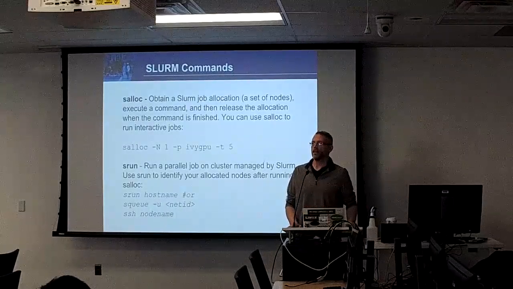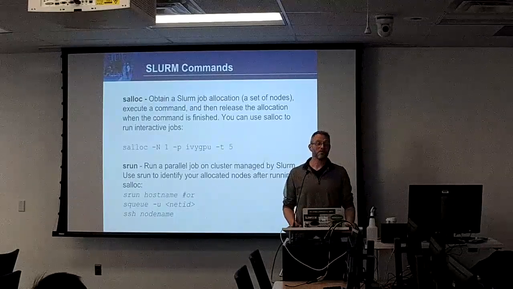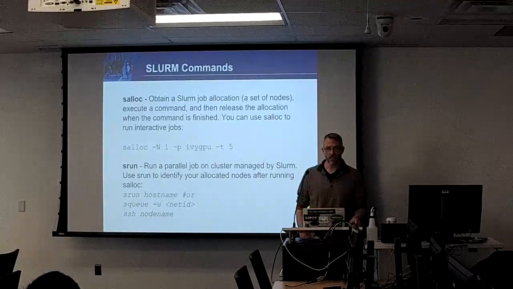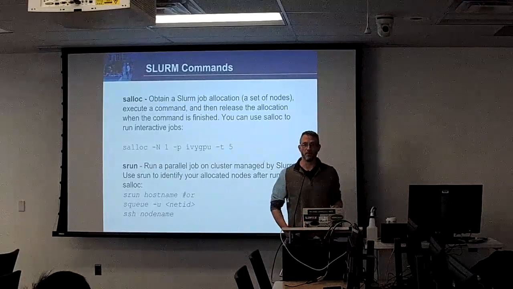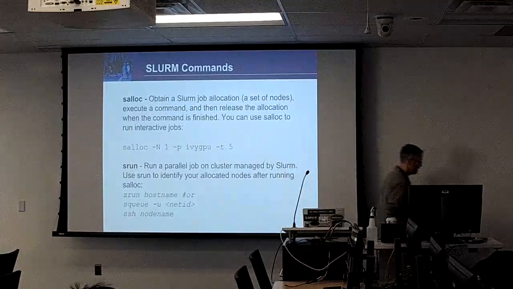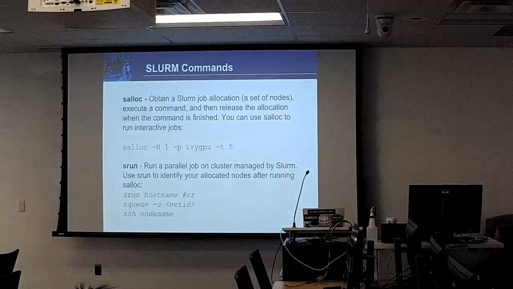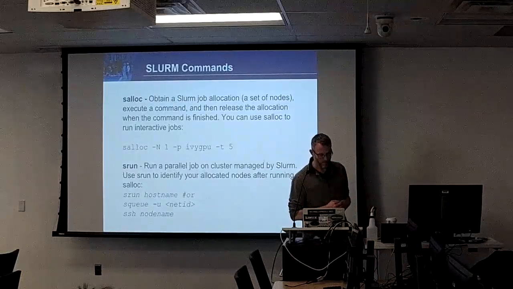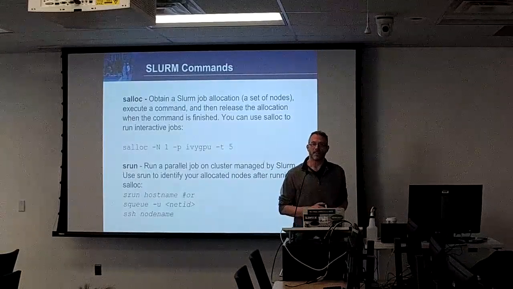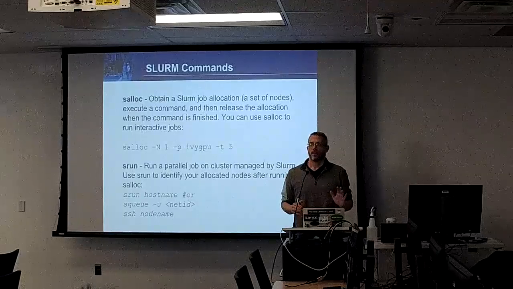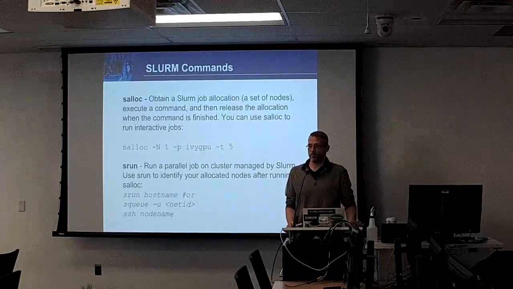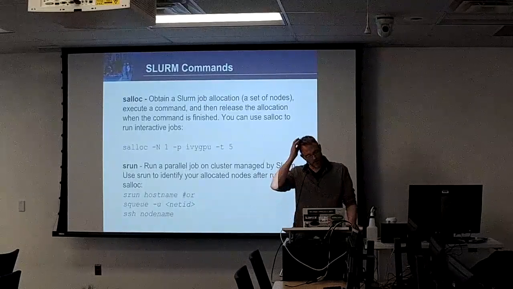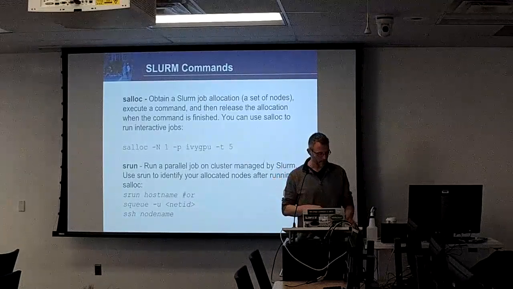Why wouldn't you just do that on the login node? Well, you probably could, and maybe you'd even get away with it once or twice, especially if your job was relatively small. But I think we mentioned last time, no compute jobs should be run on the login nodes. Okay, great. So I won't belabor that point.